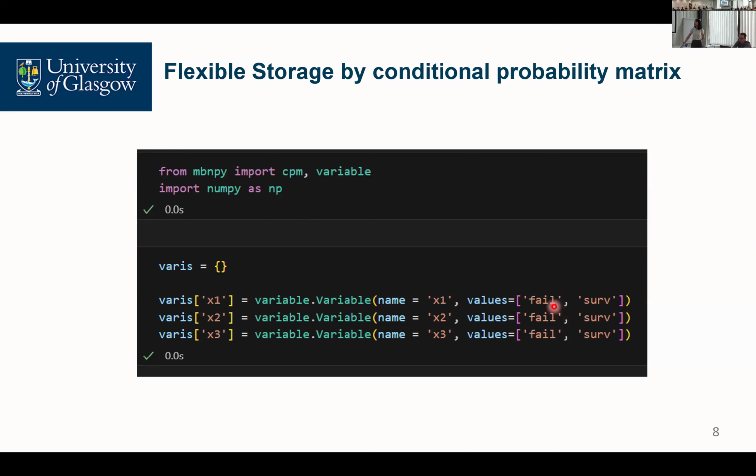For instance, in this case, it is storing that state 0 means failure and state 1 survival. This is just for reference, to remind users of what each state means. But it also means that this variable has two values, 0 and 1, and the reason it starts from 0 is because Python uses zero-based indexing.